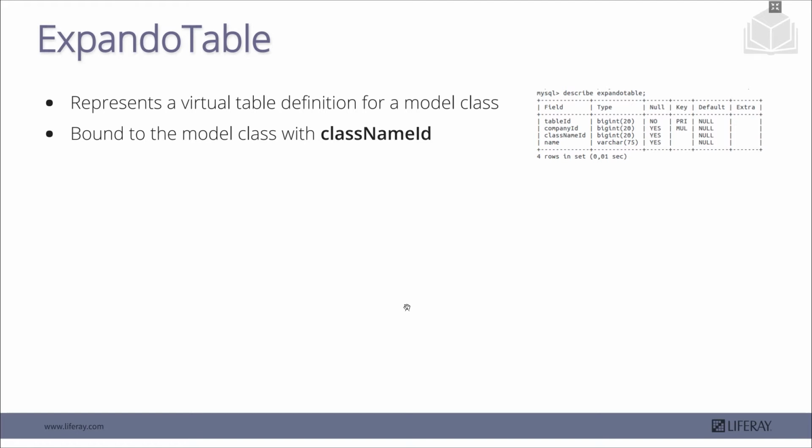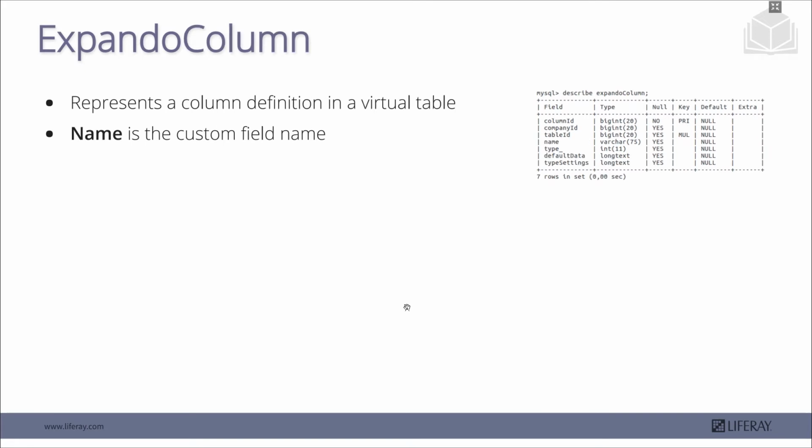So that's the Expando table. Just keeping track of where we are creating custom fields. What entity is going to have a custom field. The actual custom field itself is defined by the ExpandoColumn. So the ExpandoColumn is the actual custom field.